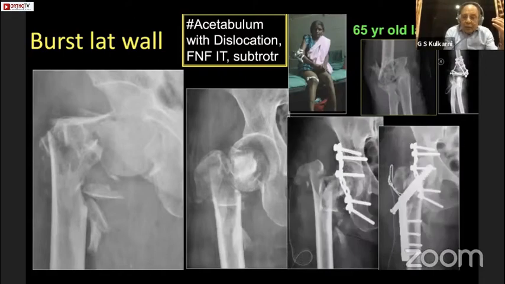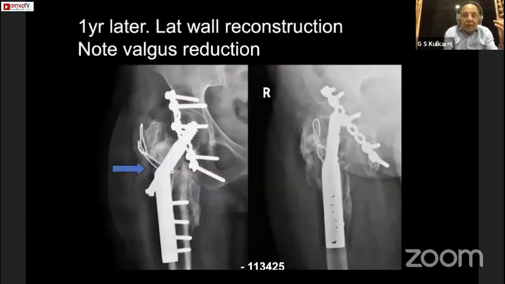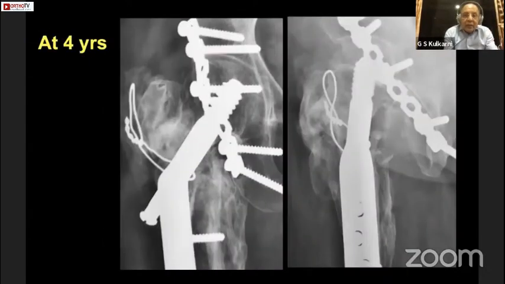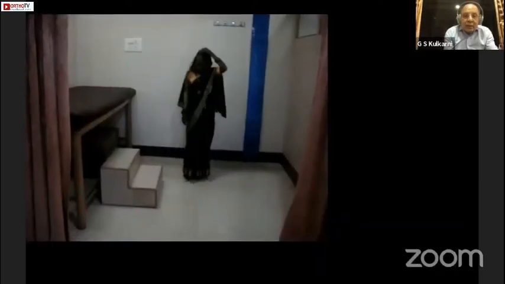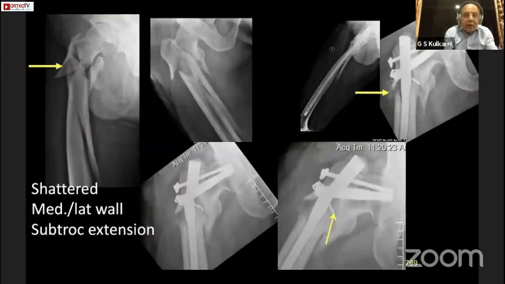This was treated with DHS and a lateral tension band wire. The fracture united at 1 year. This was at 4 years, and this year she started walking.